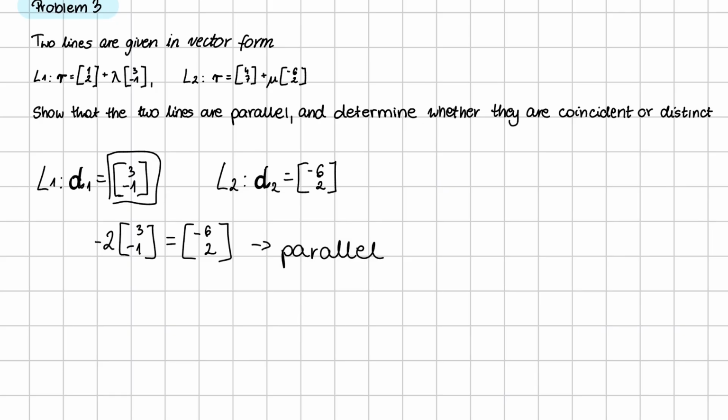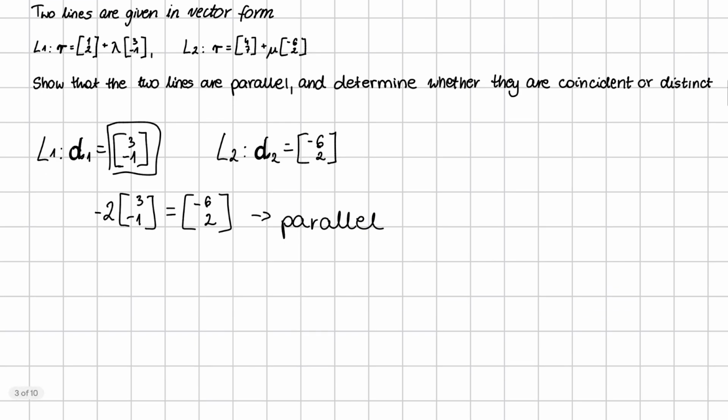Now we need to test if one line can be obtained from the other by shifting along the common direction. Firstly, let's take the position vectors of our points. Our first position vector, let's denote it as vector A1, is (1, 2), and our second position vector is (4, 7).